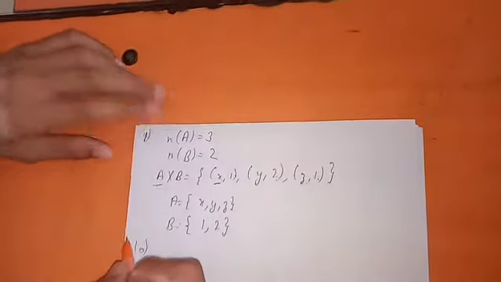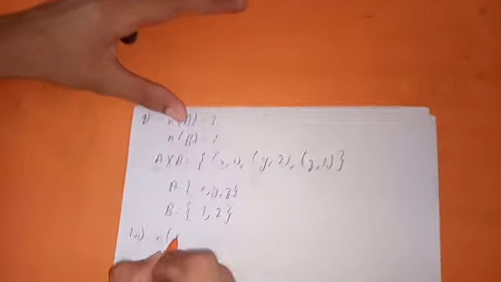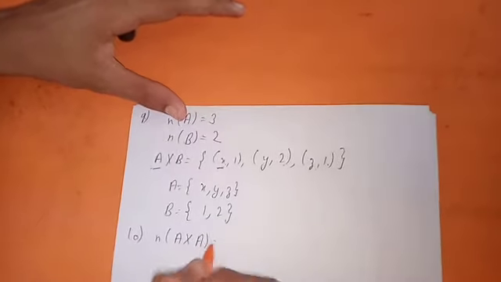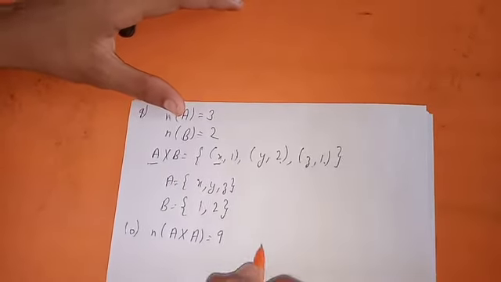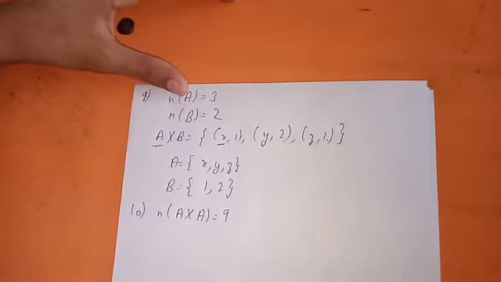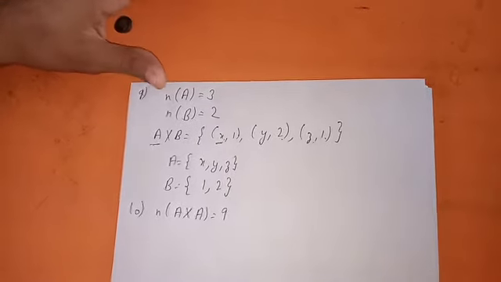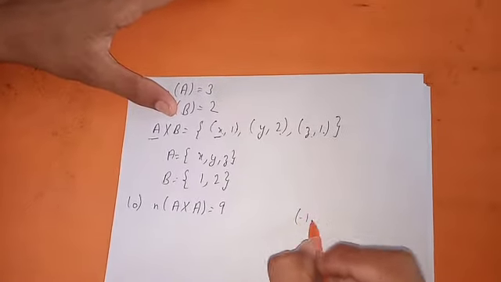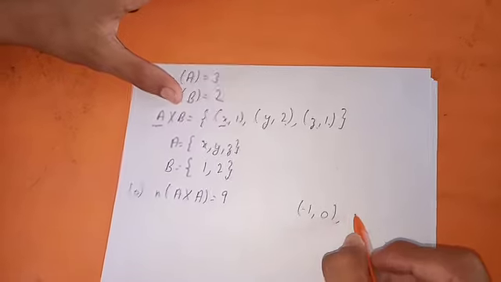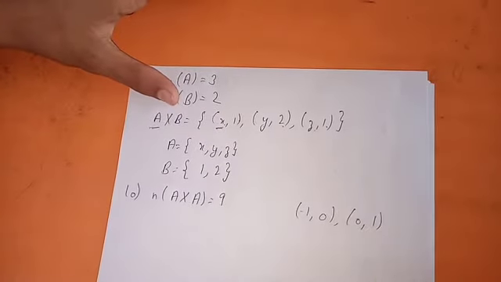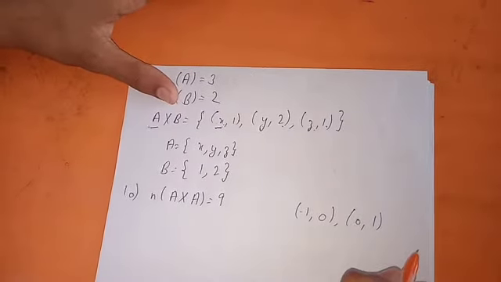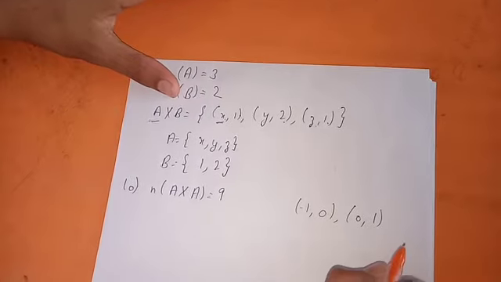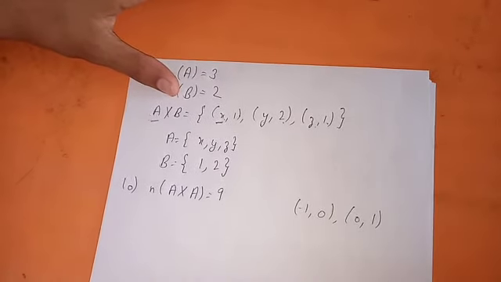Question number 10 is, number of elements in A cross A are 9, and they are given to us 2 elements, that are (-1, 0) and (0, 1). Now we have to find the remaining elements of A cross A, also the set A.